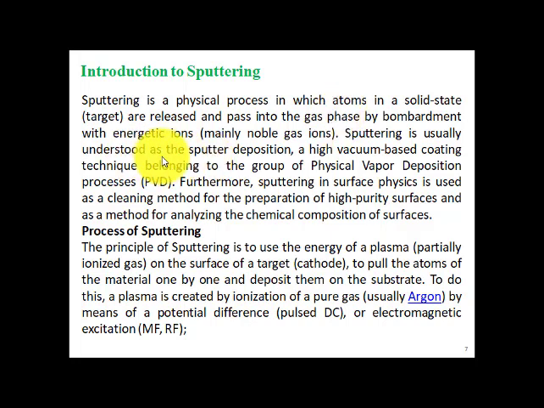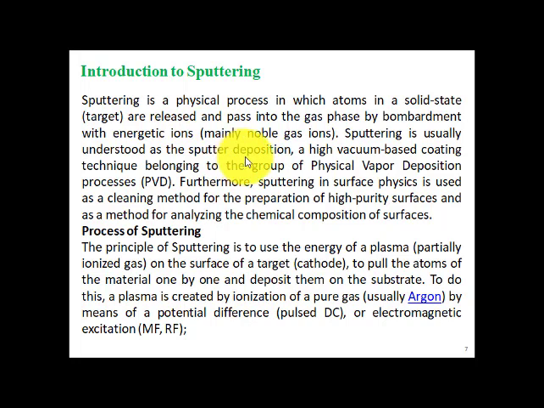Sputtering is usually understood as sputter deposition. Here there is a little difference between sputtering and sputter deposition. In sputtering, we release atoms from the surface of a target material. If we deposit these released atoms on the surface of a substrate, then the process is called sputter deposition.